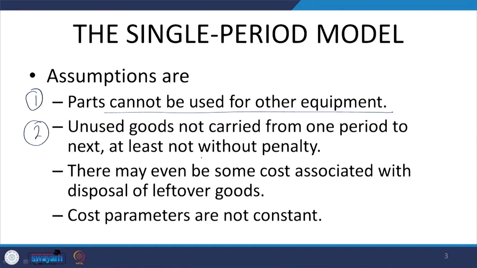So, the unsold newspapers are waste, or if you want to use that newspaper for some other purpose, then there will be very little salvage value. That is a kind of penalty you can say. So, unused goods are not carried from one period to next; you have only one opportunity to procure and only one opportunity to use them.